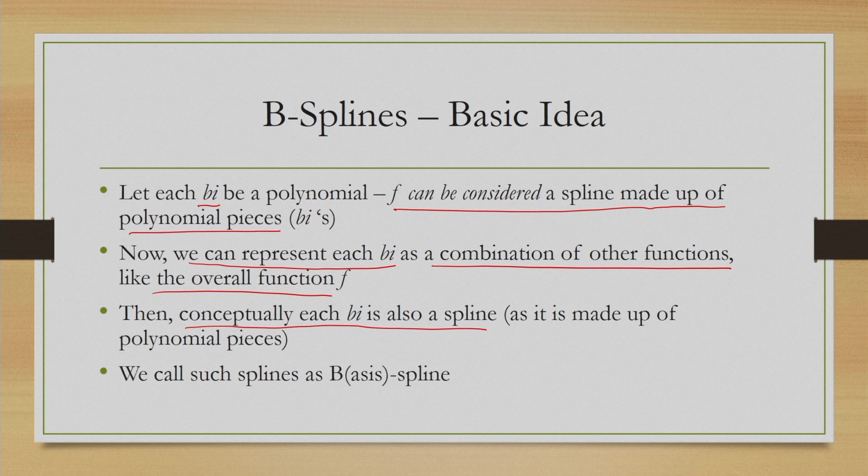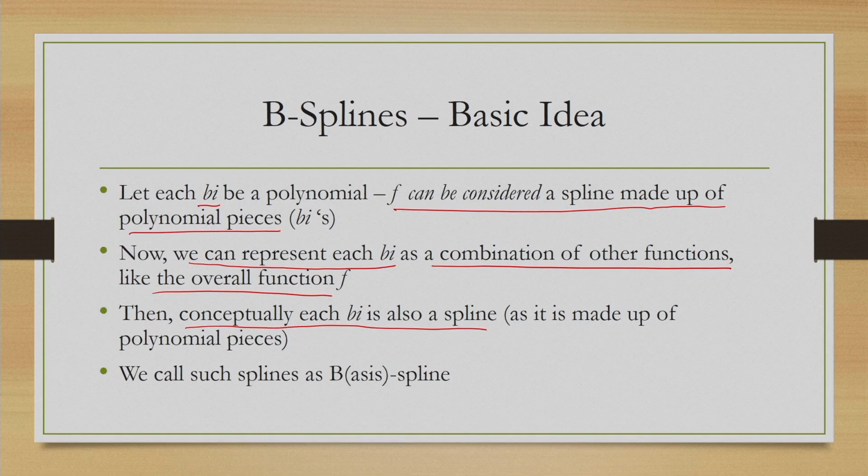So, when we talked about spline, we said that spline is a curve which is made up of lower degree polynomials. Now, each of these polynomials again we are assuming to be made up of even other polynomials. So, these polynomial pieces are themselves splines rather than simple polynomials, and that is the overall idea of B splines.